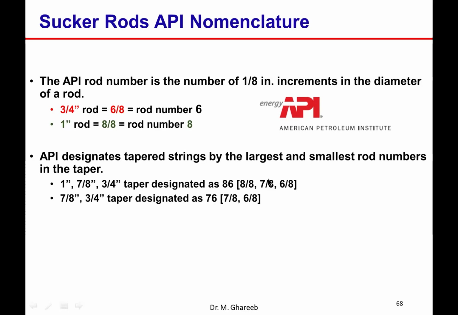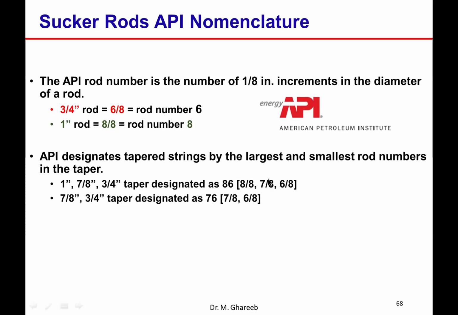Why is it done that way? Because in the majority of wells, you do not run only one size of rod string. Usually you run a tapered rod string. Why? Because at the top of the well, the rod string is subject to the highest load, since it is lifting the weight of the fluid plus the weight of itself.